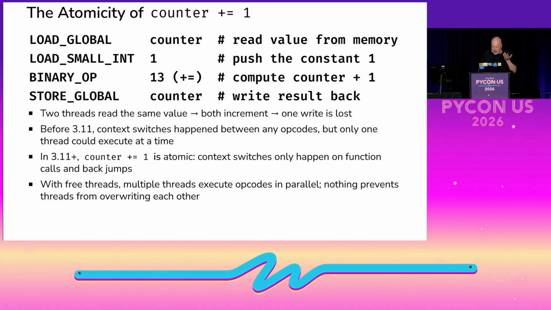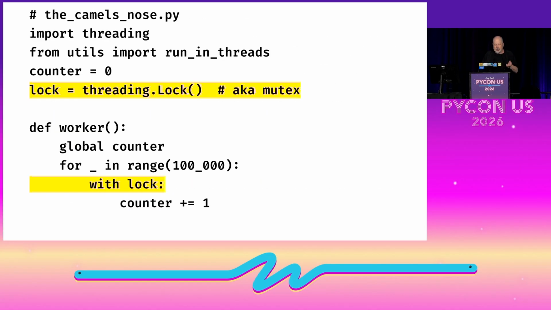So the solution to this is to use a lock. So we have this single global piece of storage, counter, and a lock is a mechanism. It's also called a mutex. It's a mechanism that only allows one thread at a time to hold the lock. So what happens in our worker is when we're about to make our operation counter plus equals 1, whatever thread is doing it grabs the lock and holds it while it's doing the operation.